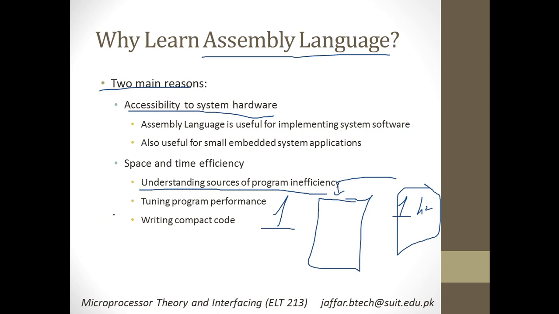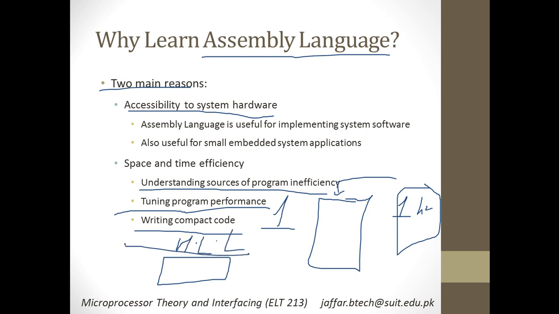You will have the ability to tune the program performance, and you will write compact code. You will be able to write short code when you use high level programming in the future. This is basically your base, and the stronger your base is, the higher and stronger a building you can build upon it.